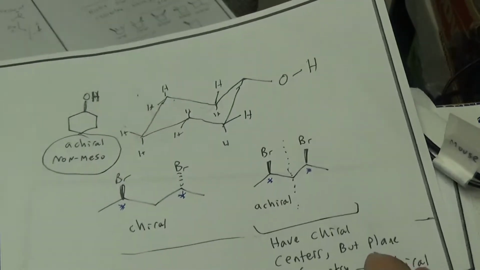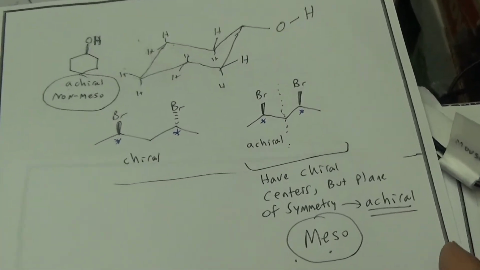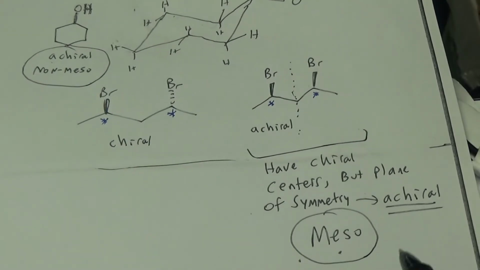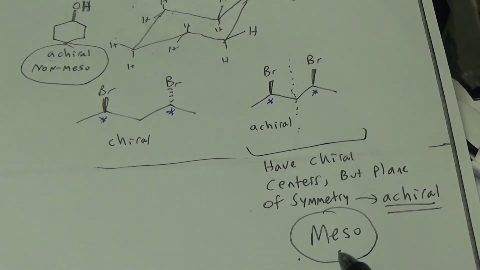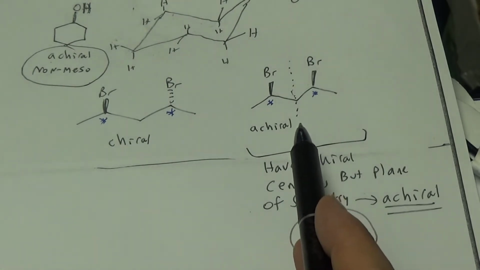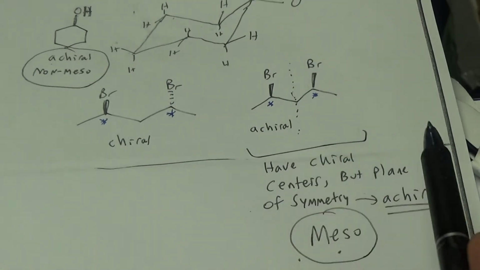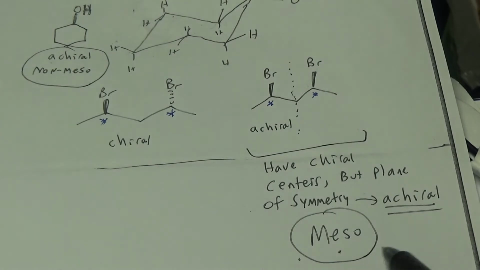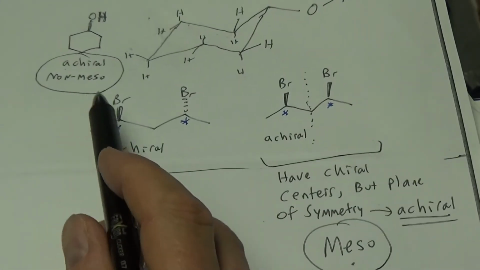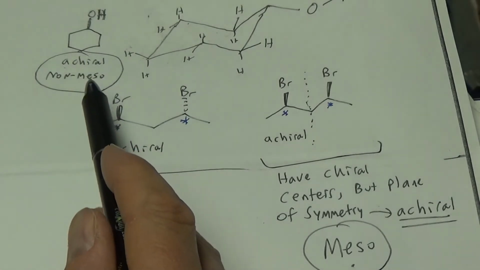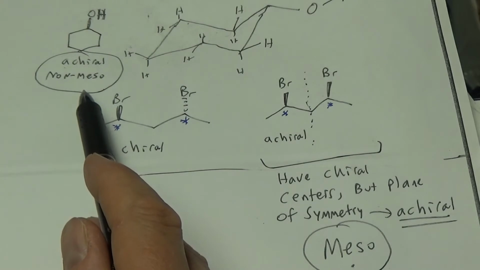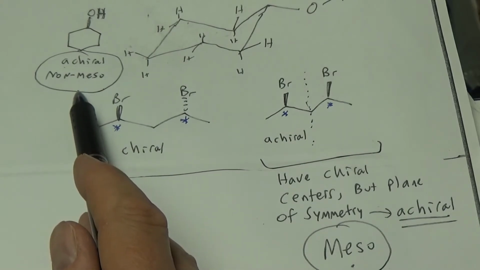All right. So there's kind of two types of achiral molecules, right? Achiral meso refers to chiral centers, a plane of symmetry, and net achirality. But you can also be achiral non-meso, where you just don't have any chiral centers. Achiral non-meso, no chiral centers, and it's also achiral.